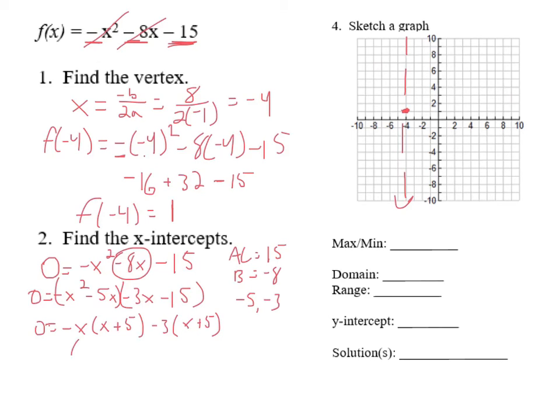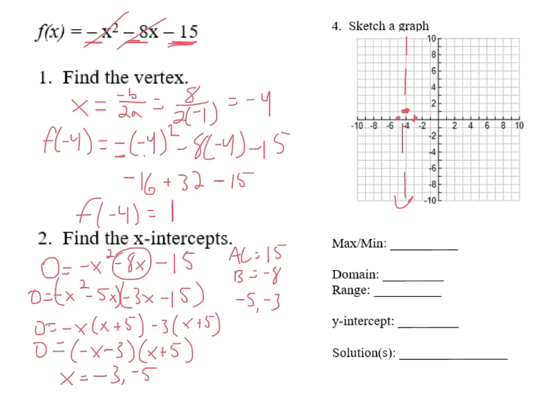So my two factors are (-x minus 3) and (x plus 5). Set them equal to 0 separately, and I'm going to get that x equals -3 and -5. So I plot my x-intercept -3, plot my x-intercept -5.